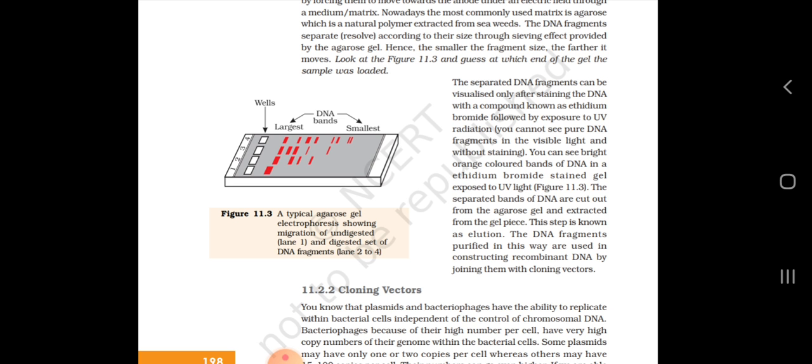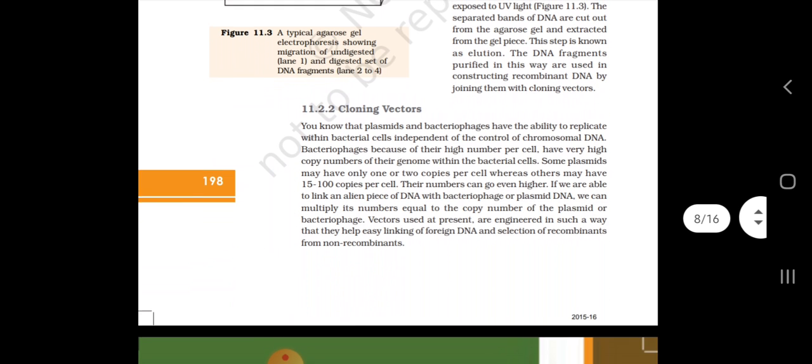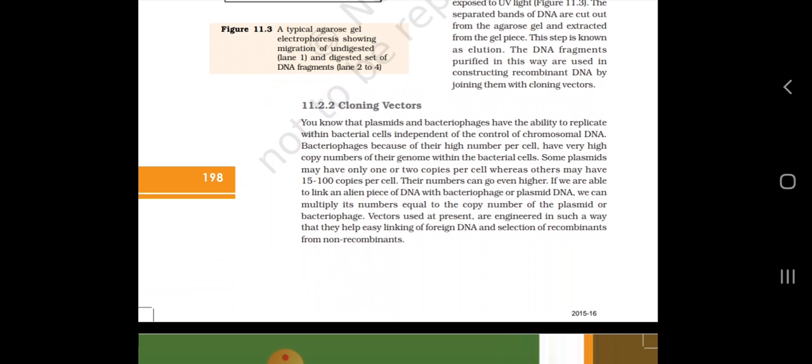In the second lane, there are 4 DNA fragments: the first one has moved a bit, and the second, third and fourth have moved more, the last one has moved a lot, because of the small size of the fragment. So the DNA can be separated by the process of gel electrophoresis.